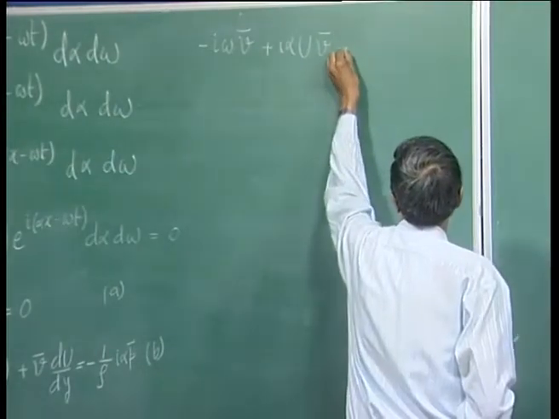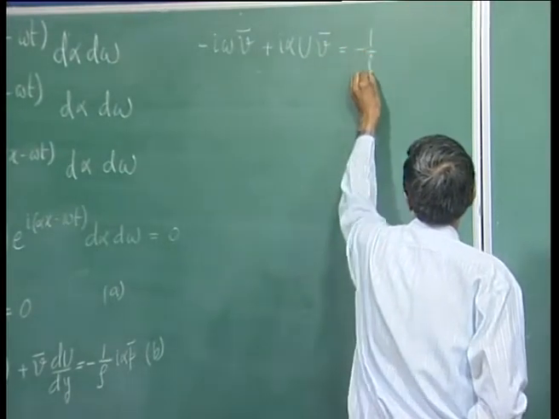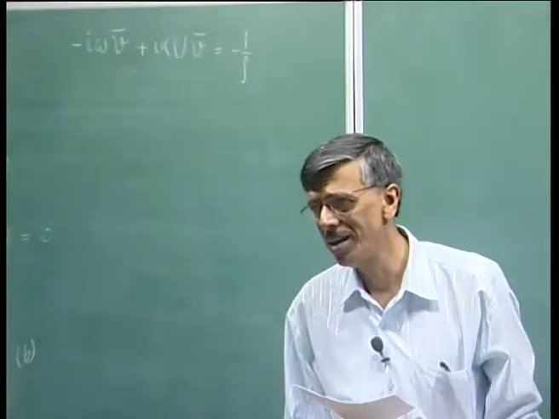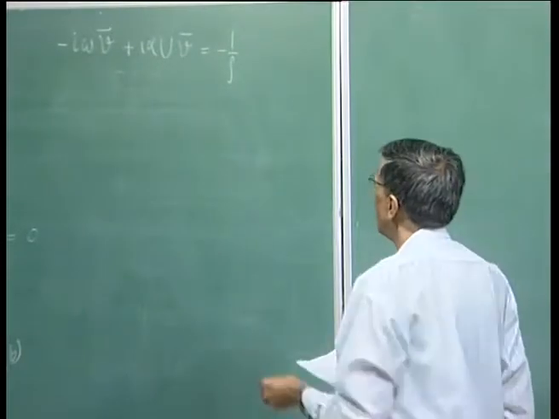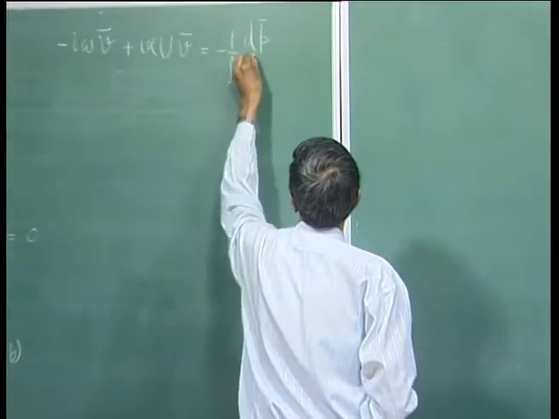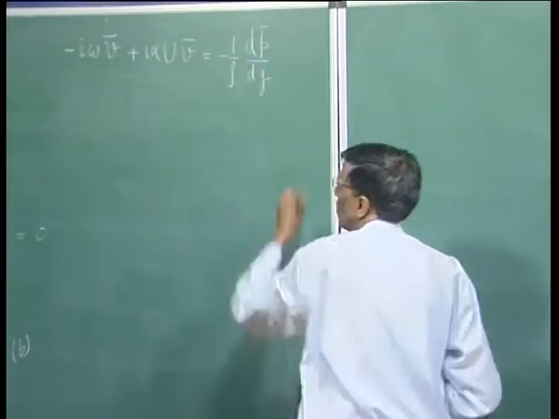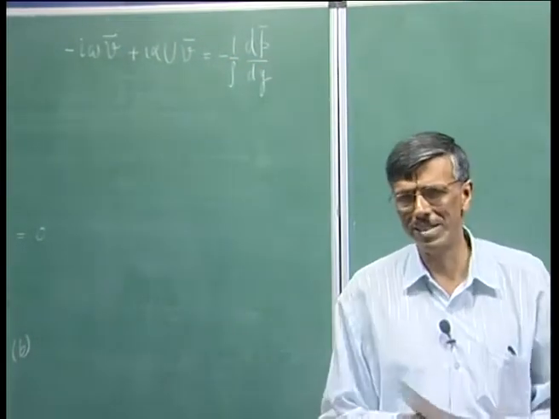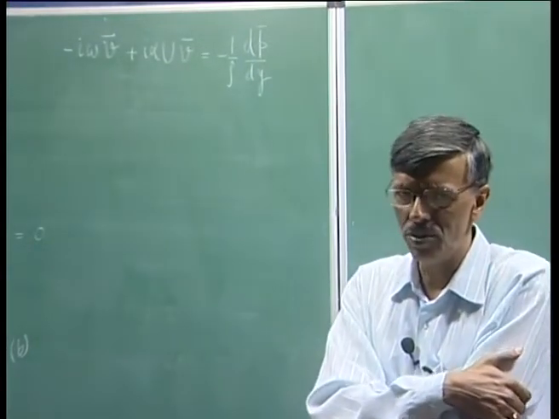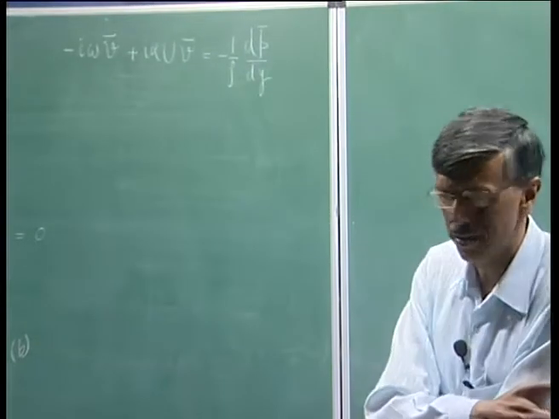And on the right hand side, I will have 1 upon rho times del p prime del y, which will be simply dp prime dy. Right? So I have basically three equations for these three Fourier Laplace amplitudes, u bar, v bar, and p bar.